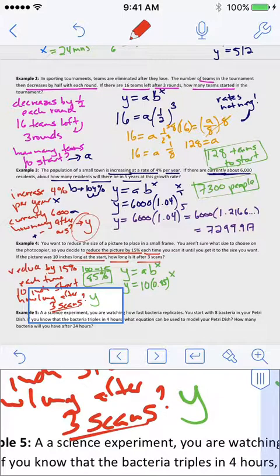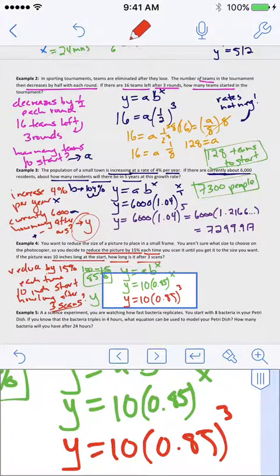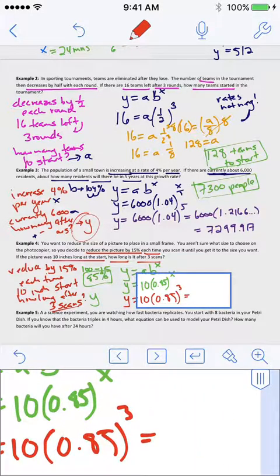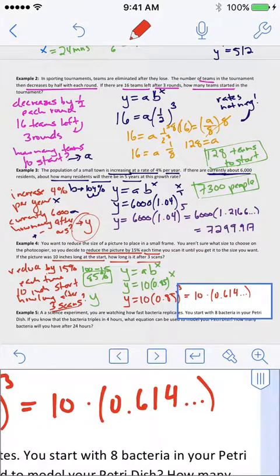After 3 scans, so x is equal to 3, 10 times 0.85 to the third. 0.85 to the third is 0.614125 and so on. Times 10, that's 6.14125.